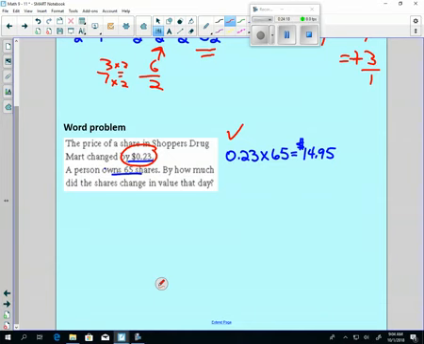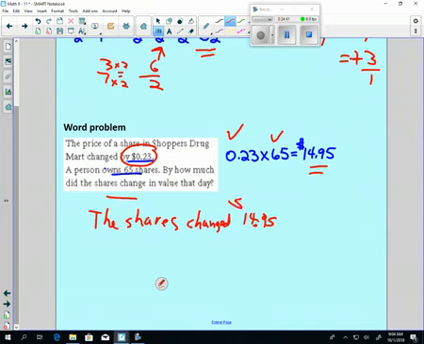You have 65 shares, so it's going to be 23 times 65, $14.95. The shares changed $14.95.